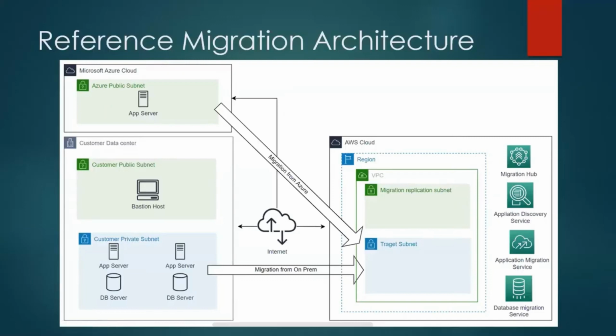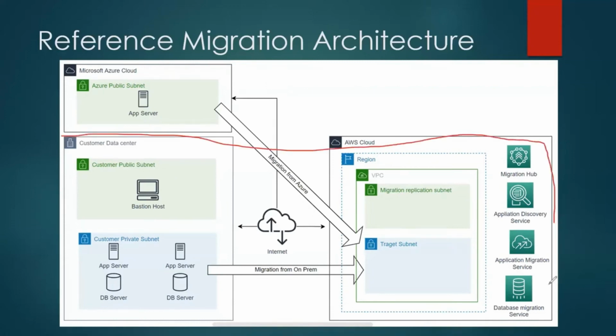Hello everyone. I hope you are doing good. In my previous video, I covered basic things, just an overview of the theoretical things, what all is there in the migration. In the next video, we deployed an AWS stack.